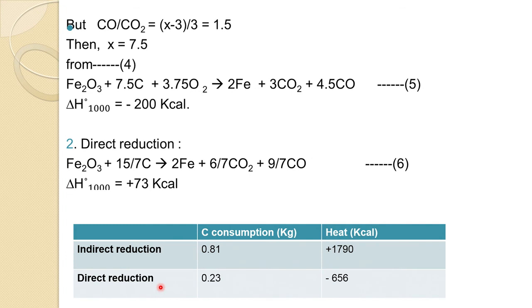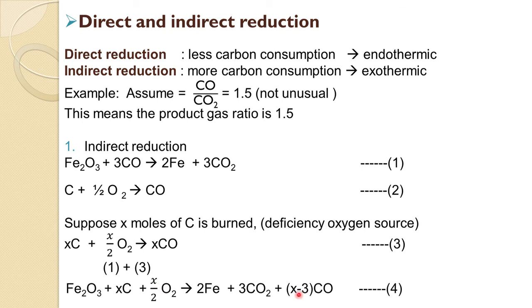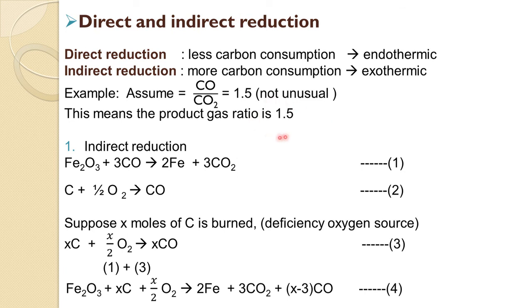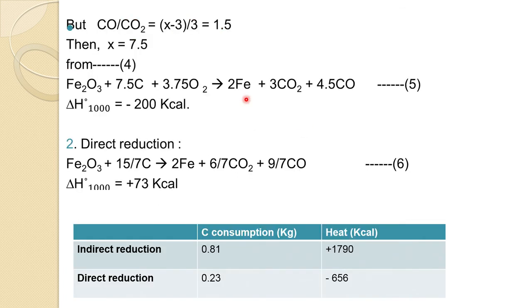Now the CO/CO2 ratio can be calculated from this as (x minus 3) divided by 3, and that, as we have said, is 1.5.